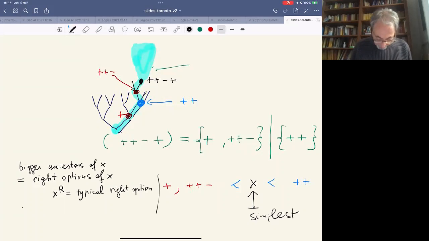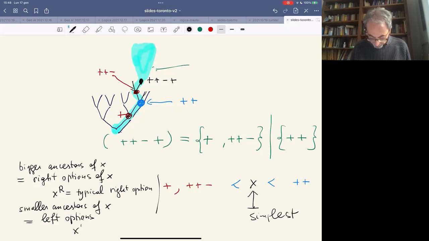And the smaller ancestors of X are the left options. And they're called XL. So the red ones, so if this is X, this guy here is a left option. So XL may denote either that or that.